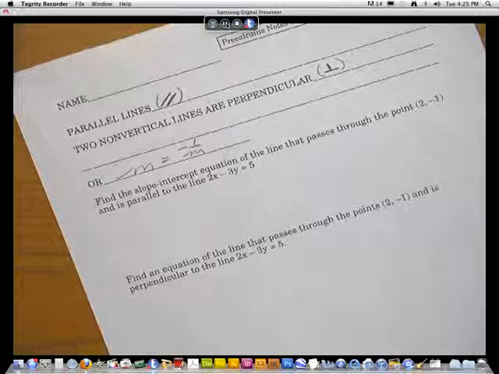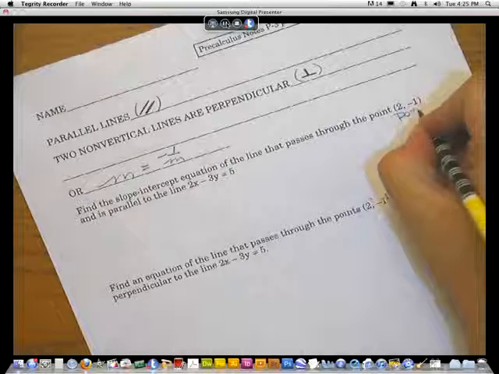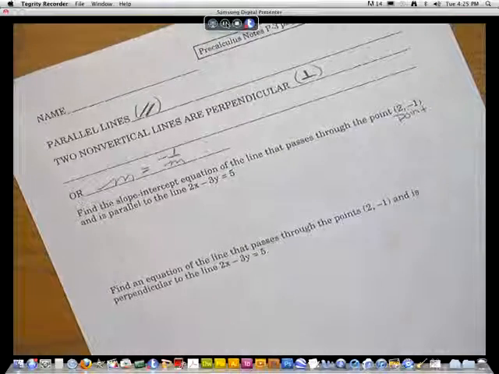Alright, so let's look at the equations of those. Find the slope-intercept equation of the line that passes through the point and is parallel to the given line. Well, in order to use our point-slope formula, we have to know a point and we have to know a slope. This is our point. That's nice.